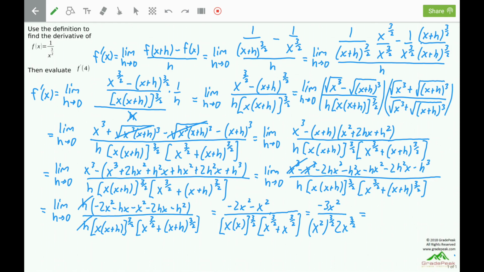Now we can combine those by multiplying them, and we have negative 3x squared. We have a 2. We have an x squared to the 3 halves, and we have an x to the 3 halves. That'll be equivalent to x cubed to the 3 halves.